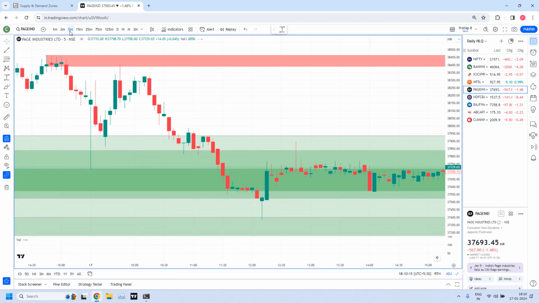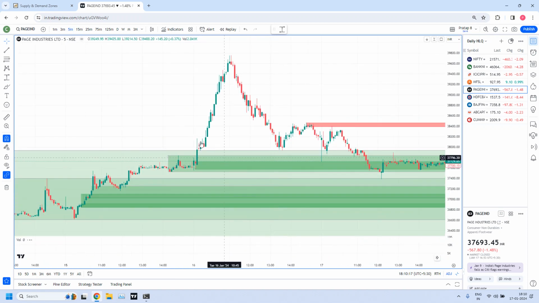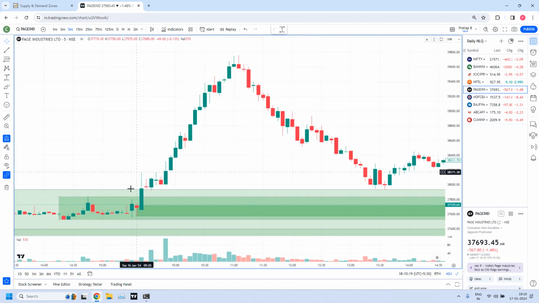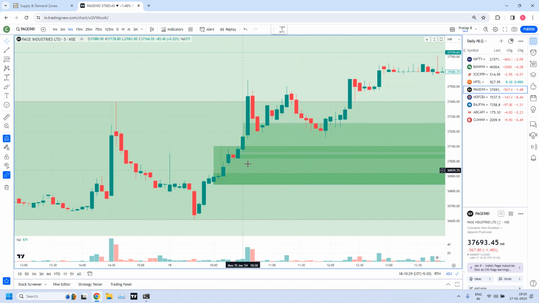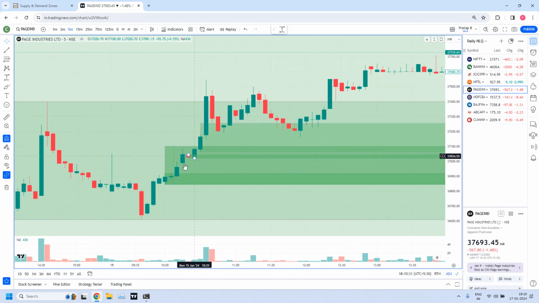Further, these 15-minute zones we again fine-tuned to the 5 minutes area. In the 5 minutes area, you see here, this is a leg-in candle. You have a base candle. You have a rally candle. So this is the way we have drawn a zone here. Again, within this area, we have identified multiple zones. This is one zone, rally, base candles, and a rally.